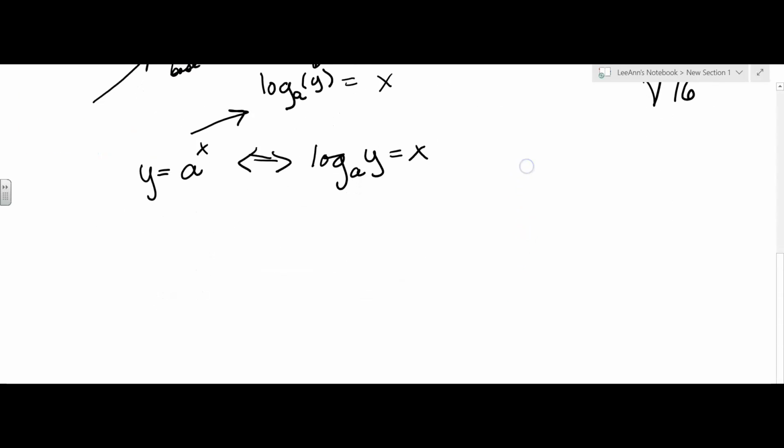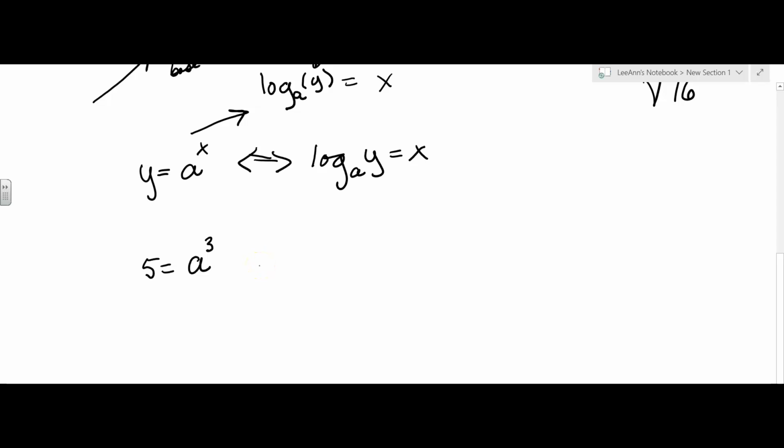I'm going to give you a quick little example. So let's say you have 5 equals a to the third. Okay? All right. Then you could write that.